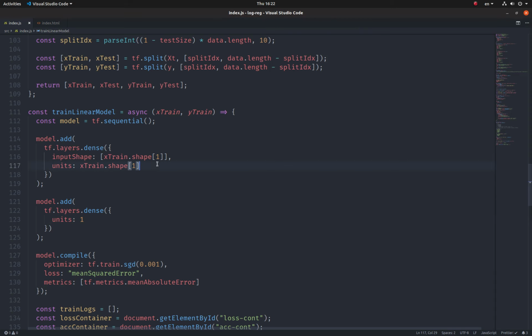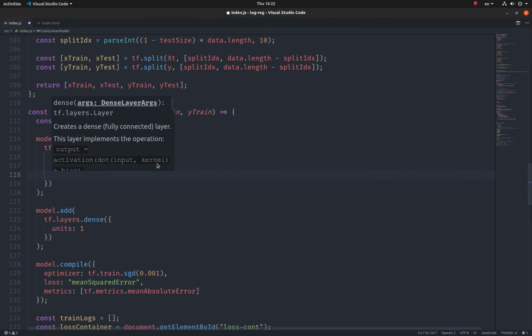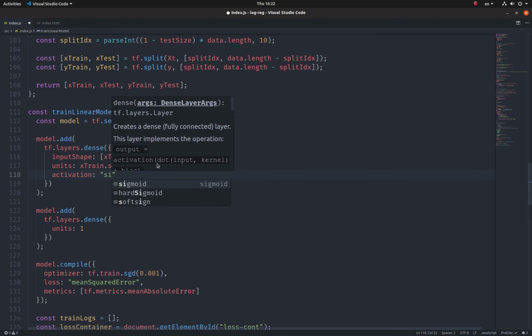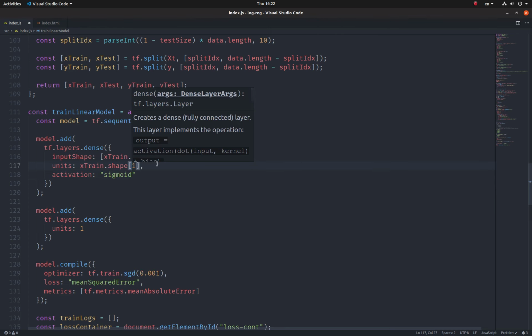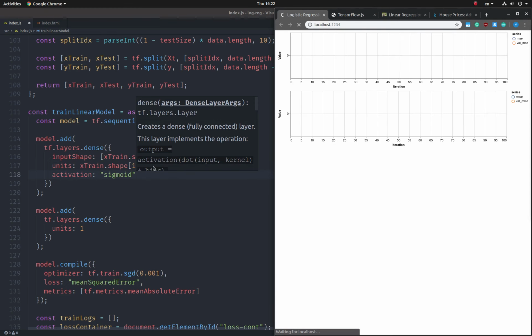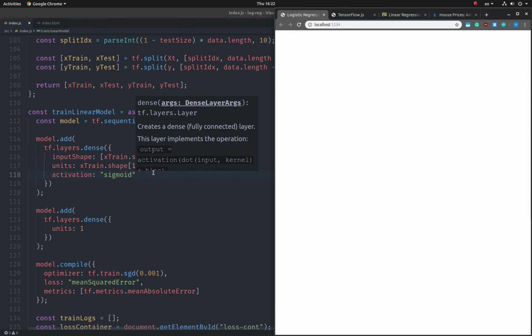To go around this problem, I'm going to use an activation function, which I'm going to explain why in the next video that we are going to see about neural networks. And after I make this change, let's see what happens.